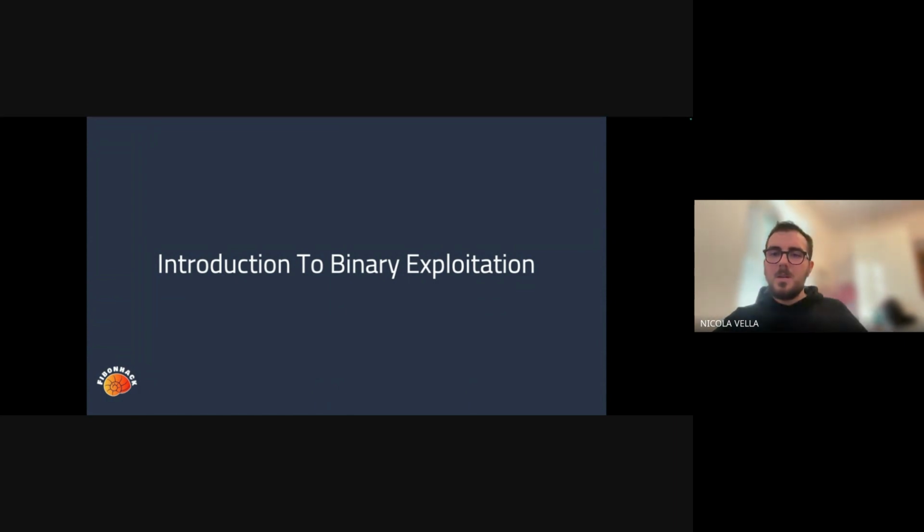Okay. Thank you. So this lesson is an introduction to software binary exploitation, and I'll basically explain what it is and why it's interesting. And we'll see some examples of bugs in C, like memory safety bugs, and how to exploit them.